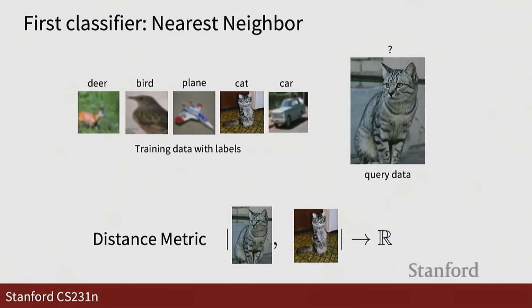Let's look at an example. Assuming that we have these 5 in our training data, then, yes, you see my cursor. And this is the query image, the input image for prediction. What we want to do is to see which of these training images is the most similar to this one.